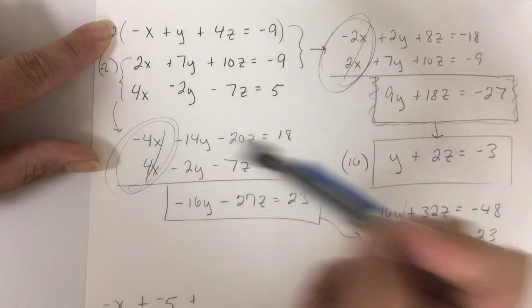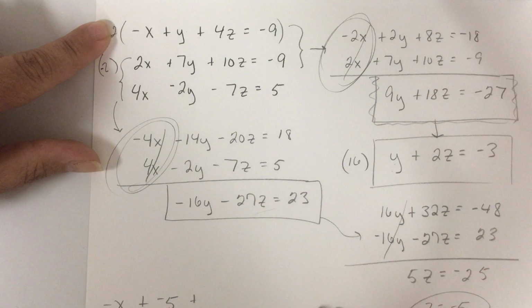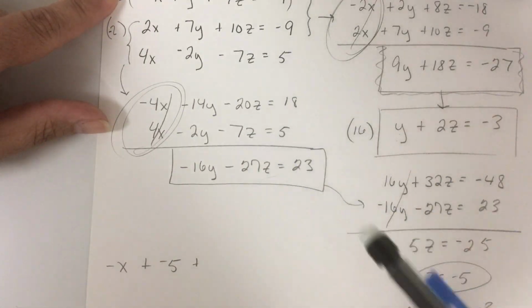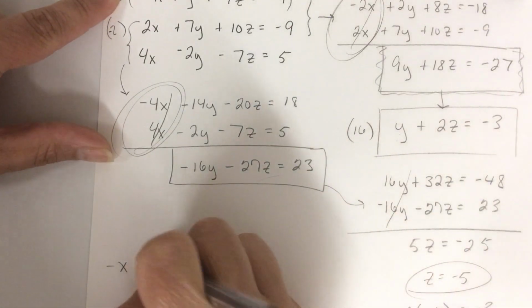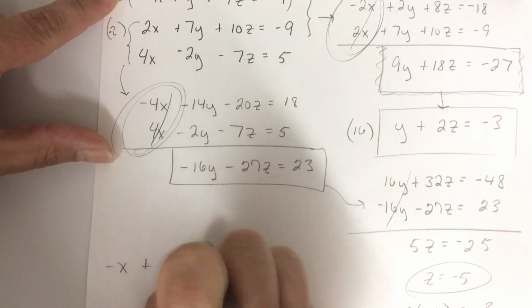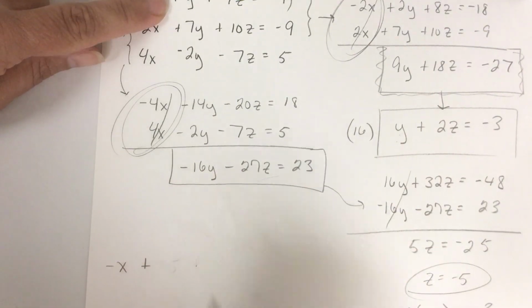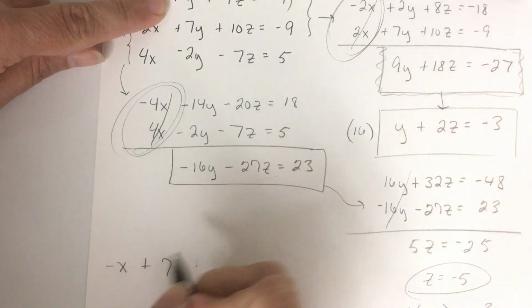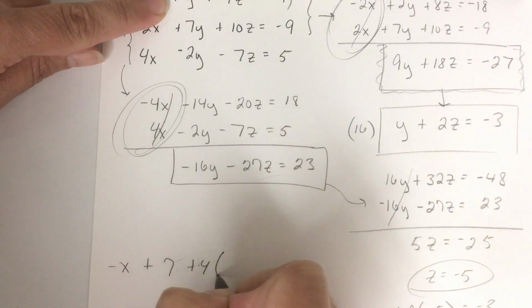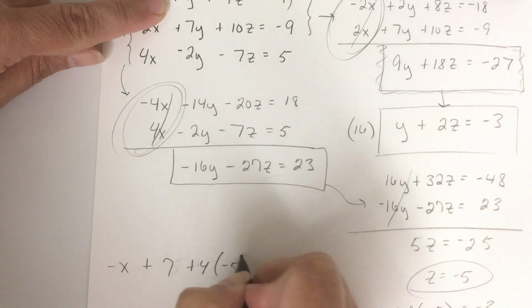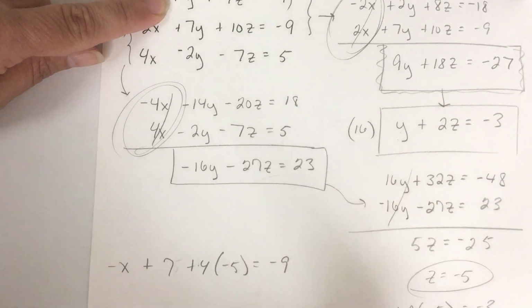Notice I'm using a pencil. I usually use pen to make these videos, but I'm smart because this is easy to make a mistake on, so I used a pencil. Okay, -x plus y is 7, plus 4 times z, and z is -5, and that equals -9.